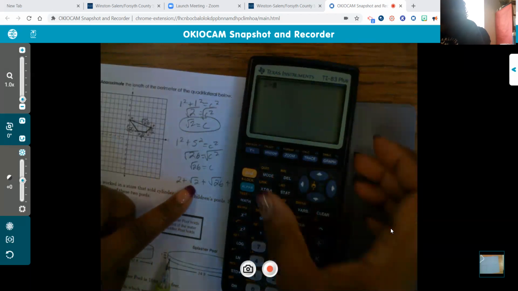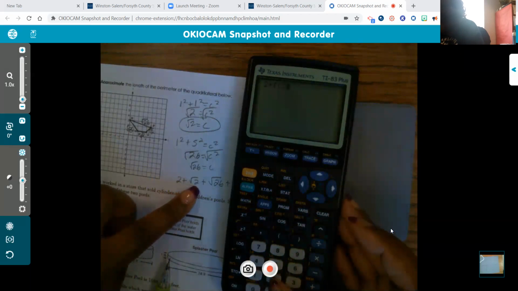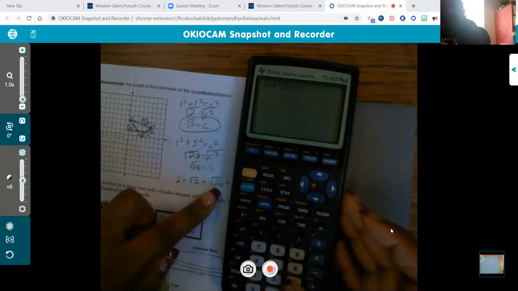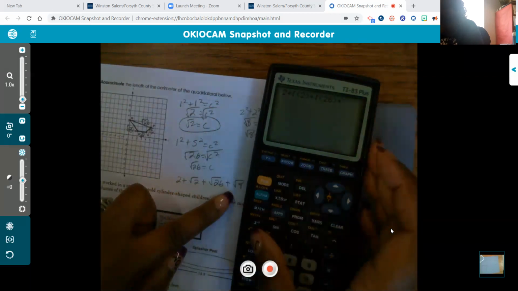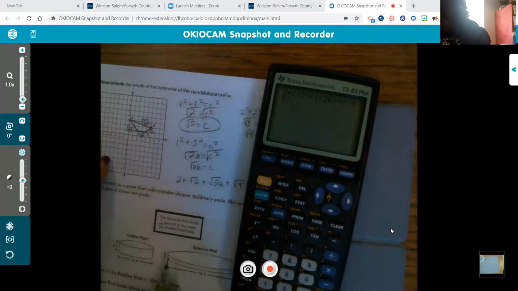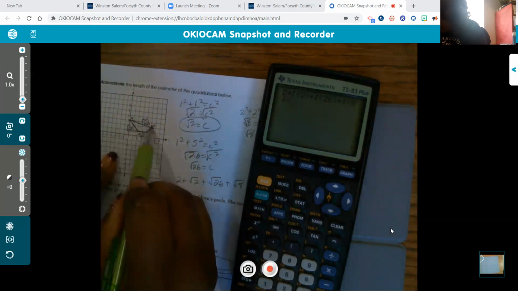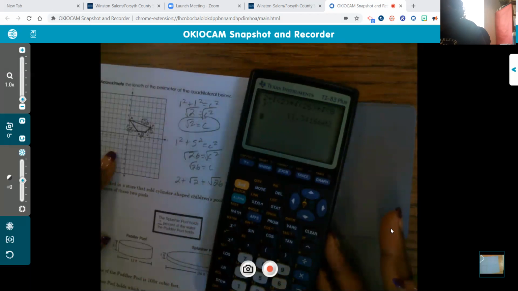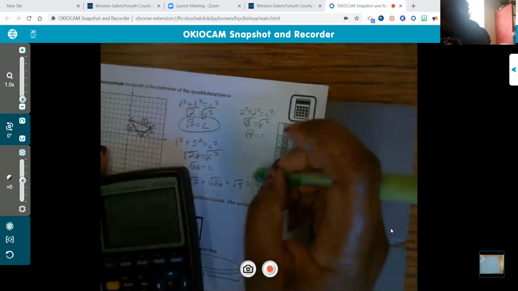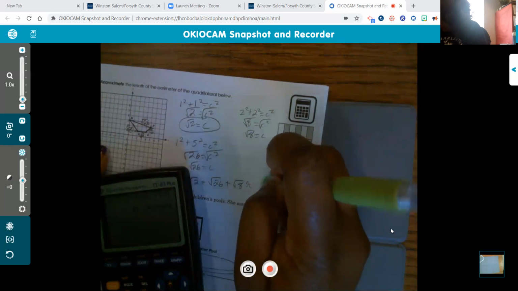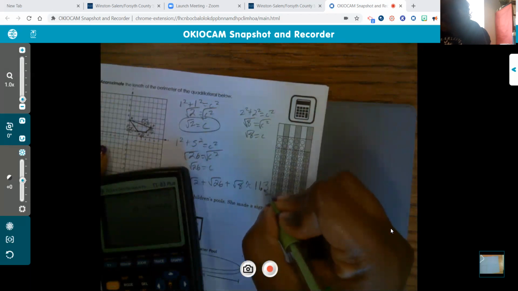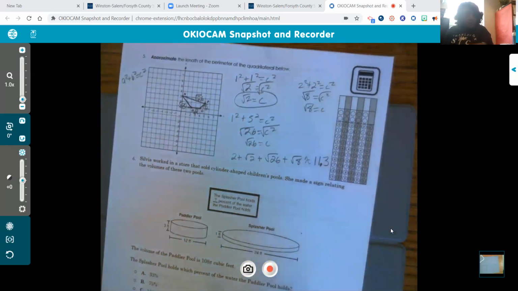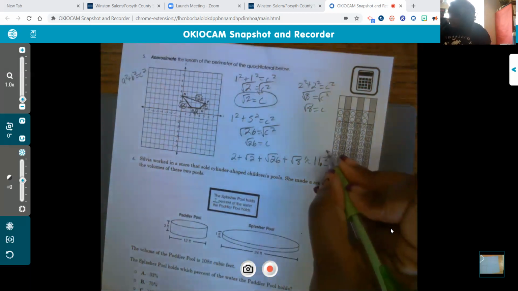I'm gonna close that parentheses. Plus the square root of 26. I'm gonna close that parentheses. Plus the square root of 8. And let me close that parentheses. Let me make sure I got all the sides. 1, 2, 3, 4. All right, yes, I typed it in wrong. I was like, wait a minute, that number is too small. I'm tripping on that one. That number is way too small. All right, so this is my answer here.